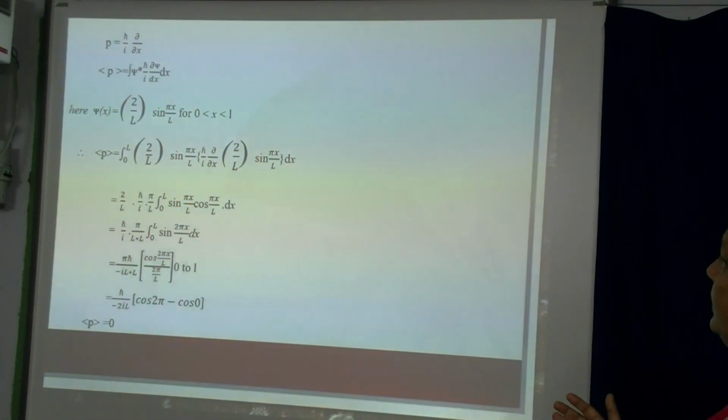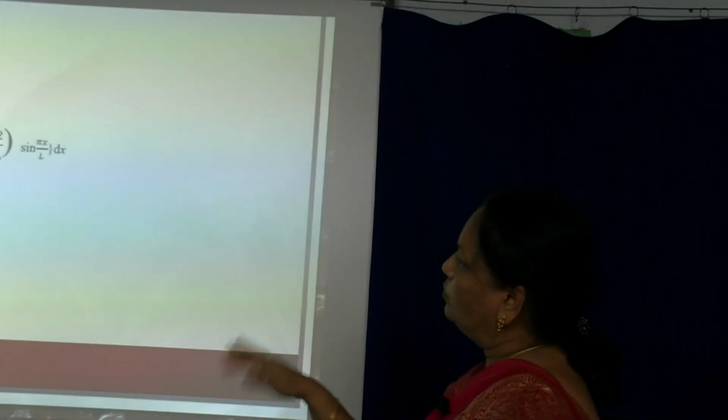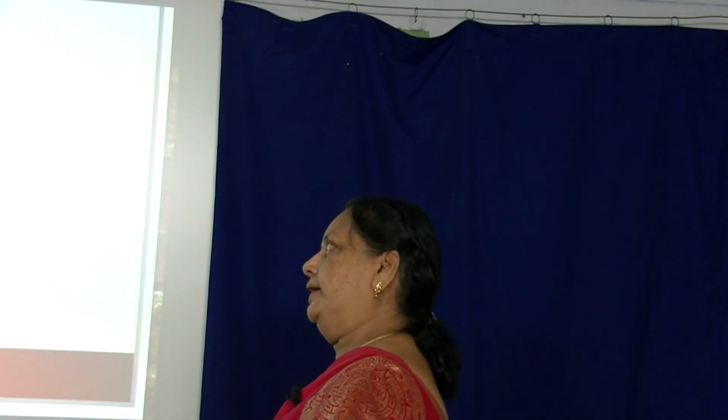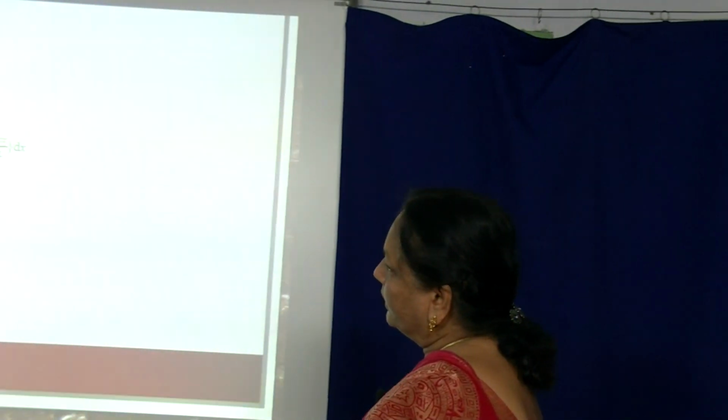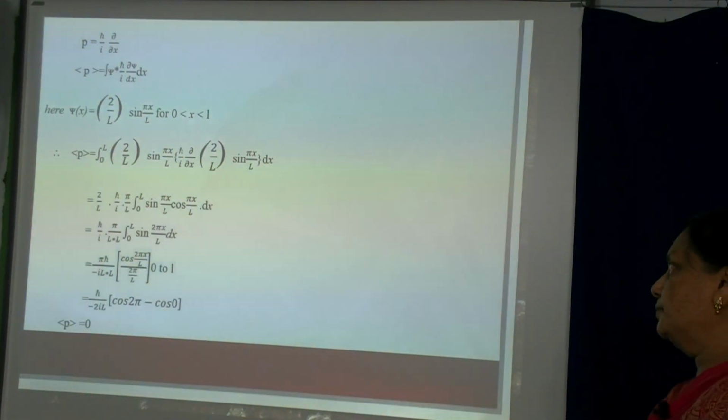When you integrate, if you take the constants outside, 2 by L is a constant, h cross by i is a constant, pi by L is also a constant. What is to be integrated then? Integral sin pi x by L cos pi x by L dx.